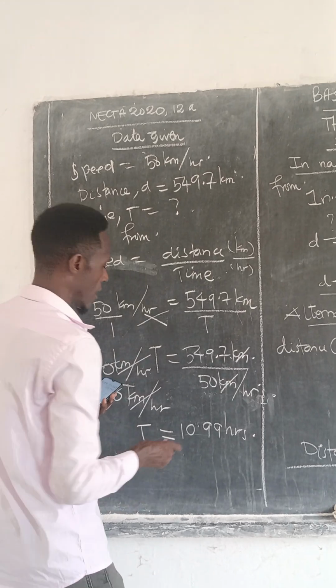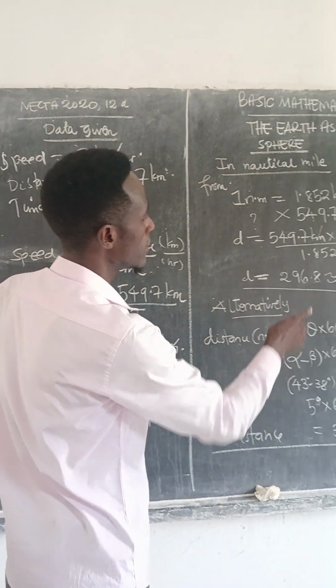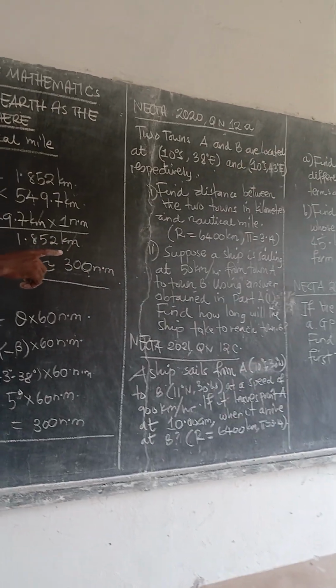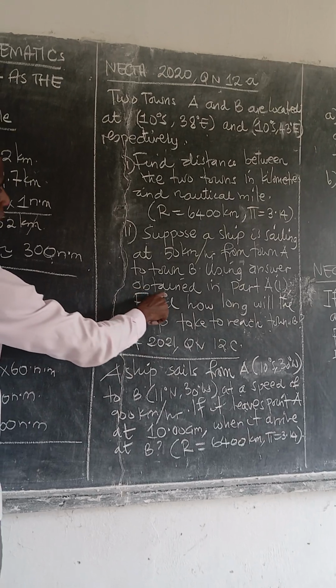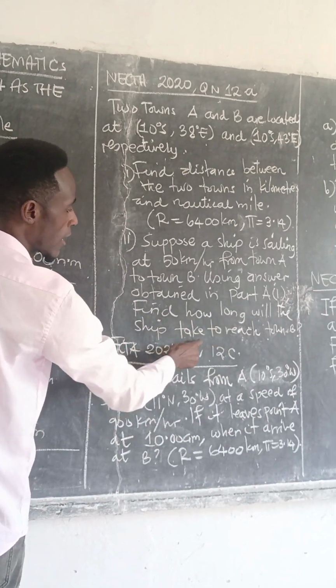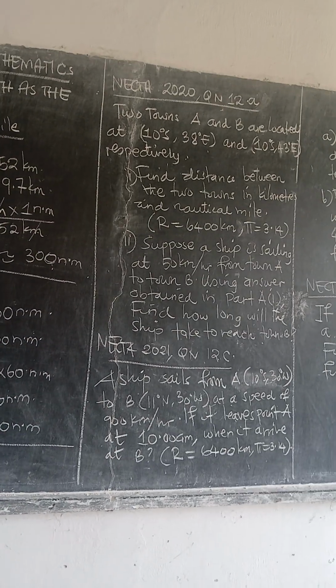So from the question, suppose the ship is sailing at sea from point A to town B. Using the answer obtained in part C, find how long the ship will take to reach town B. So just the time was required.